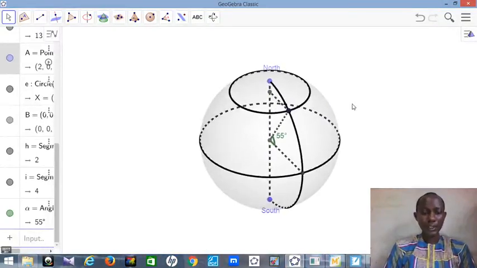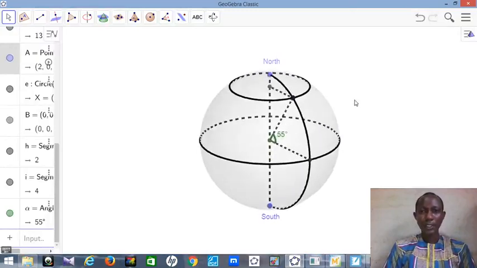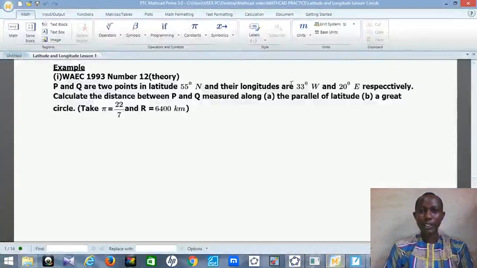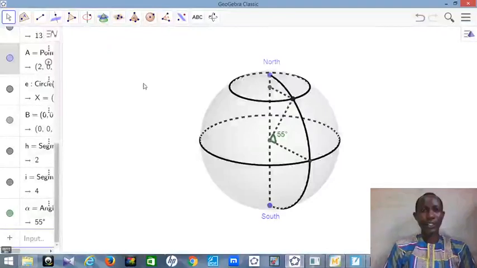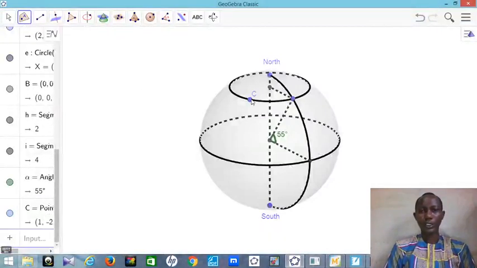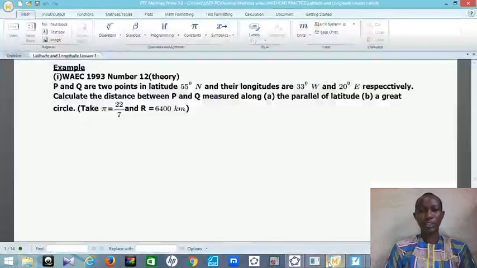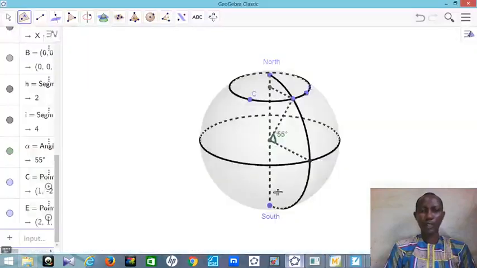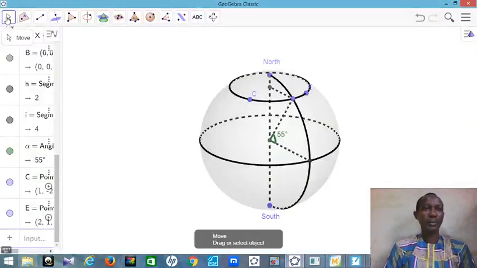Okay, now let's introduce the other 2 points that they asked for. They said longitude 1 is 33 degrees west, the other one is 20 degrees east. Okay, let's get our points. So this is west, this is east. They are P and Q. Let me label them.